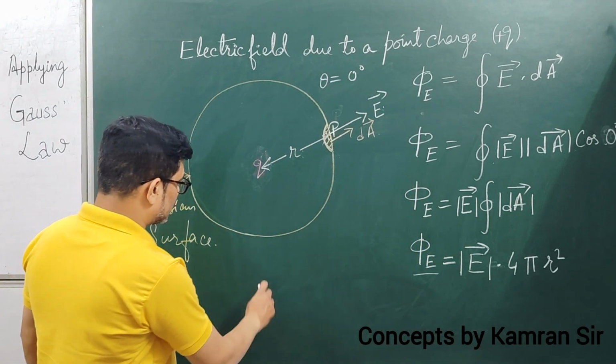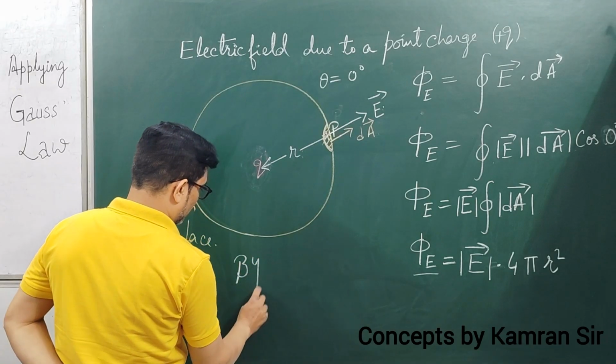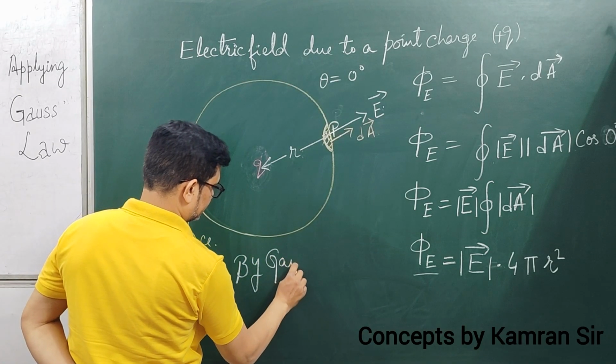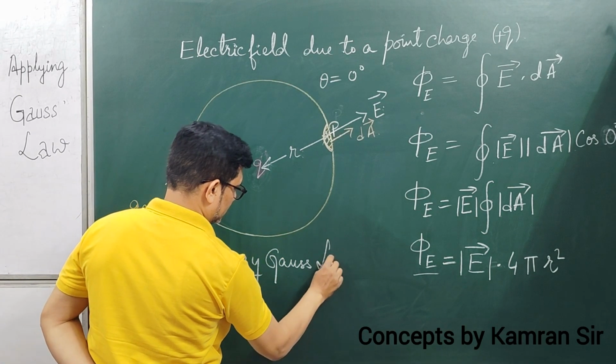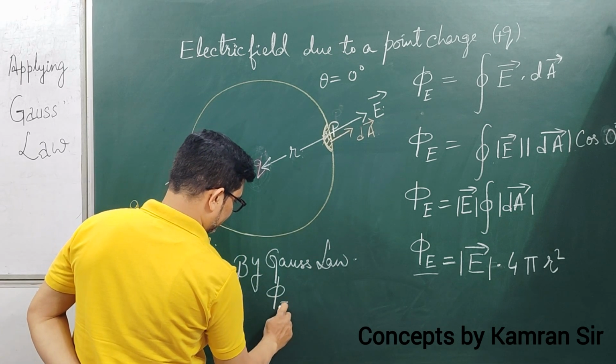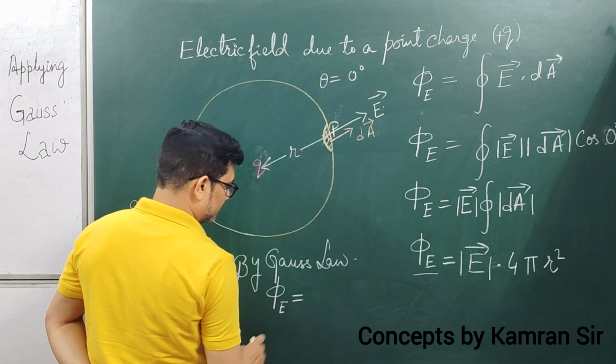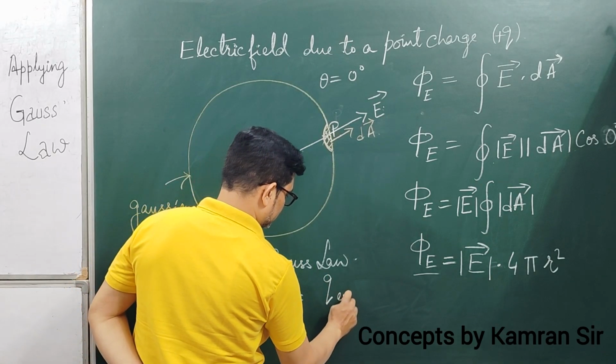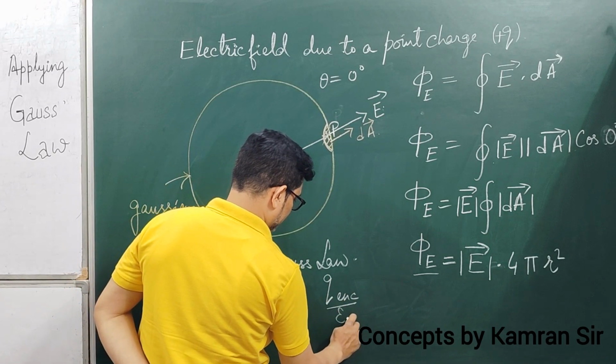Okay, so by Gauss's law, we know that this total net electric flux is equal to the charge enclosed divided by epsilon naught.